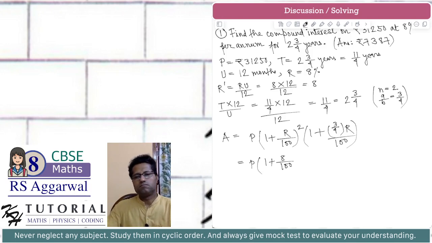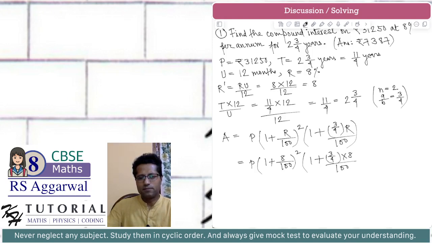So this is squared, and we have 1 plus 3 by 4 into 8 divided by 100. This is equal to, we have to do a bit of simplification. If I simplify 8 by 100, that is 2 by 25.